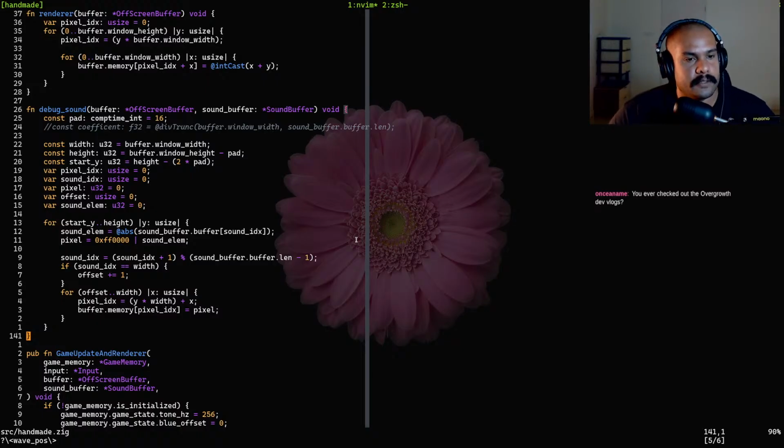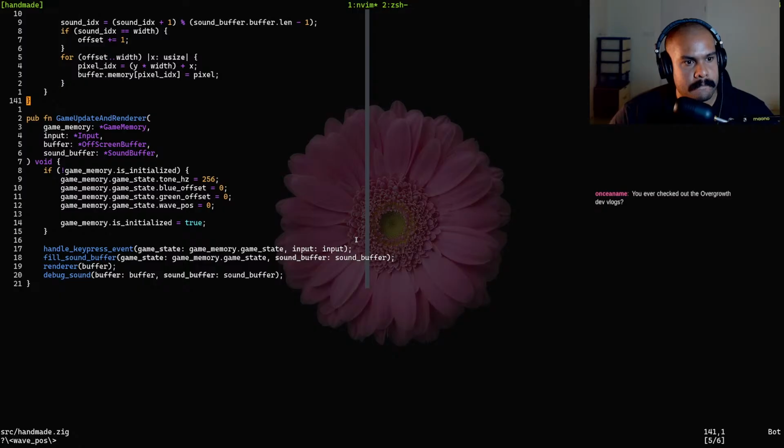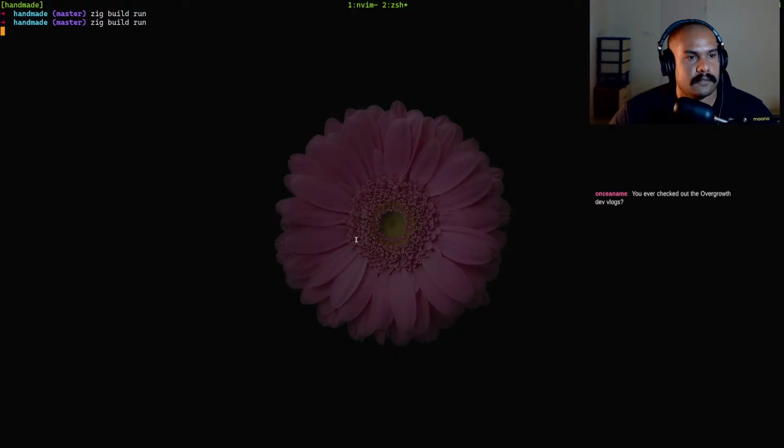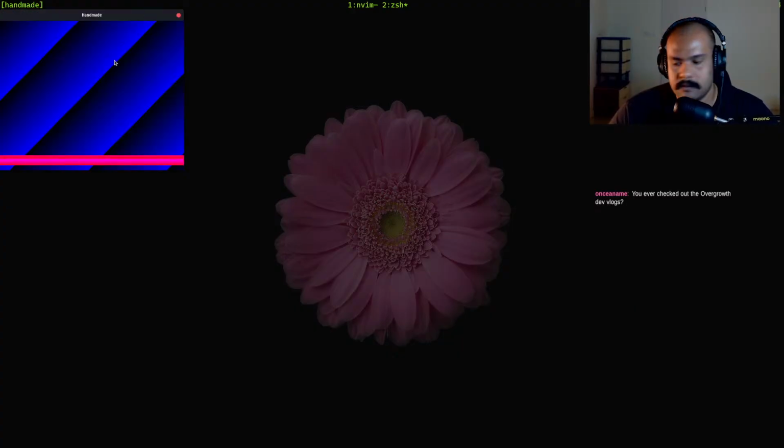Yeah, I could do something about this. That's why instead of rectangles, it's like these diagonals.